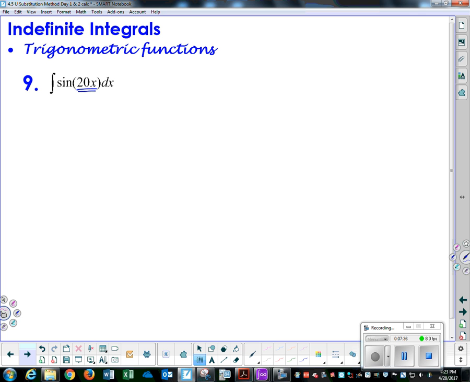So my suggestion is, let's let u equal this, because then we can get this into some sort of sine of u, and then hopefully dx will switch out with du. So upon my suggestion, let's just try 20x. And then the derivative of u with respect to x will look like a 20x. Or I'm sorry, just 20, right? Derivative of 20x comes down to 20.